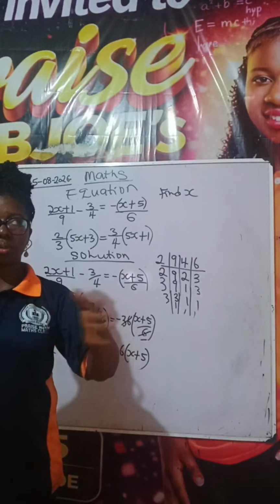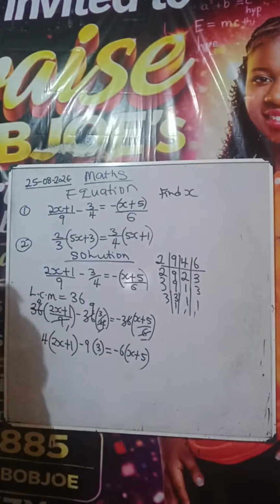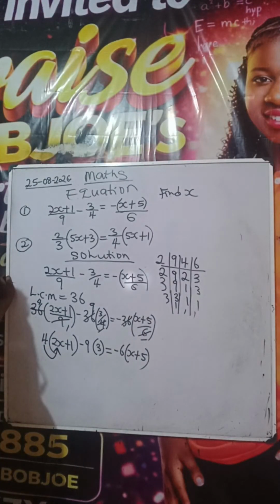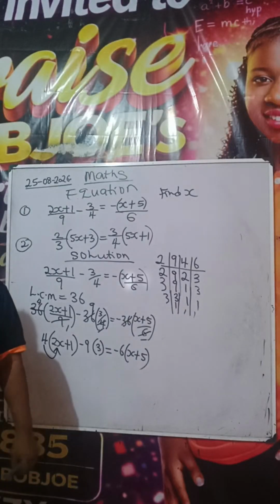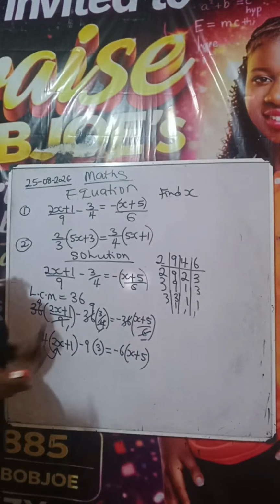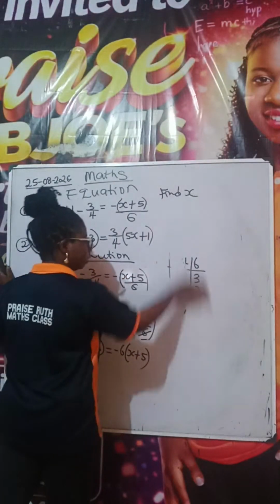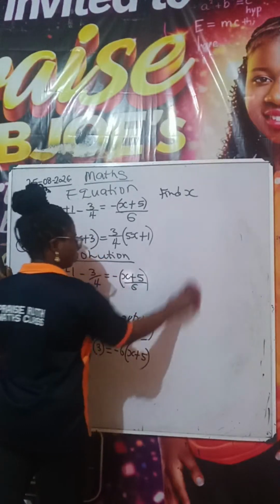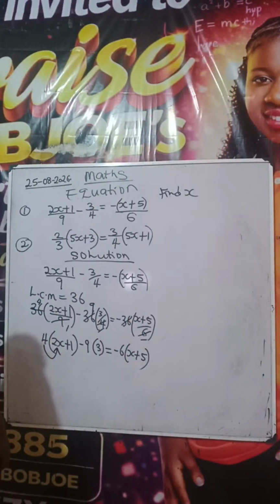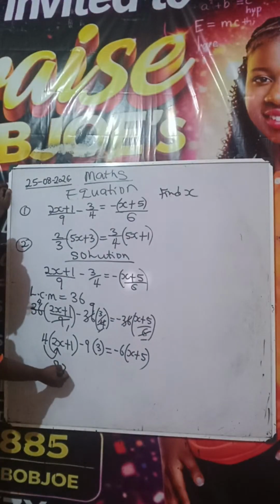We are going to open the bracket, and that will be 4 times 2x. Everybody, 4 times 2x. So 4 times 2 will give us 8x.